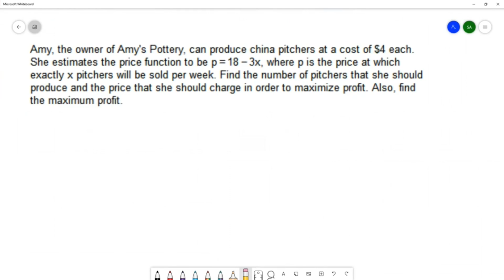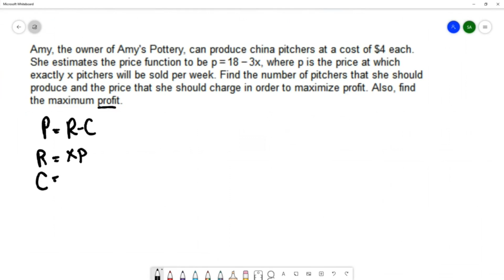There are some business formulas that we need to be aware of so that we can get to that profit function. For the profit function, we know that the profit is the revenue minus the cost. And we also have formulas for building the revenue function. The revenue function is X times P, which is the number of units times the price.